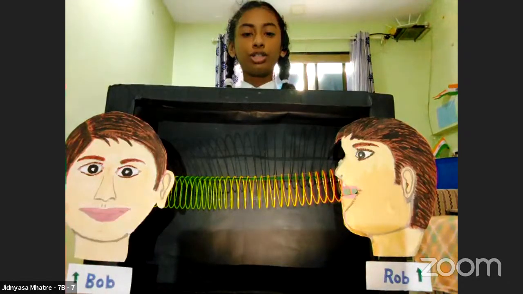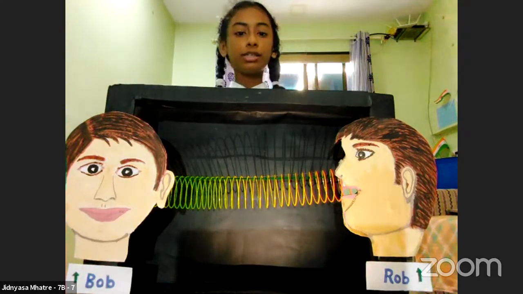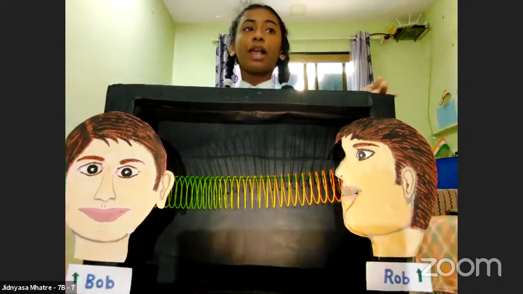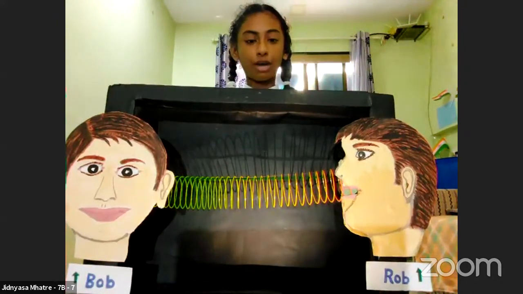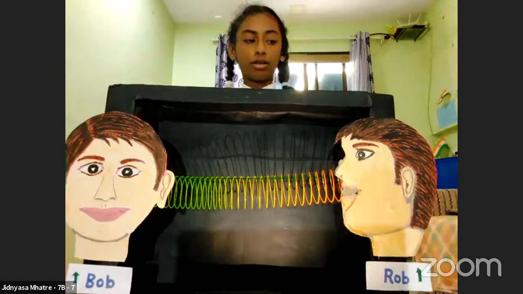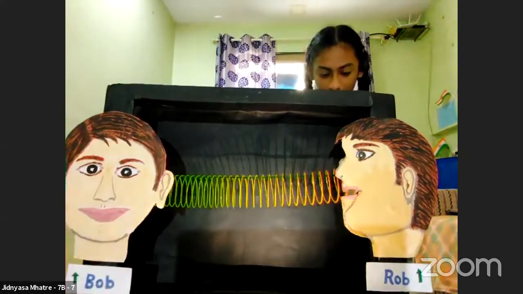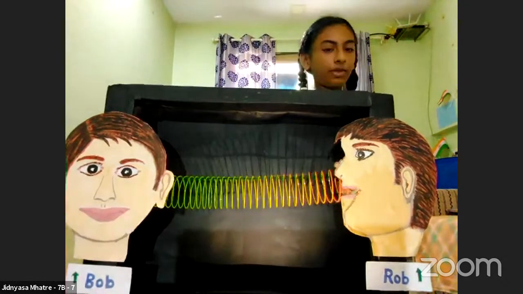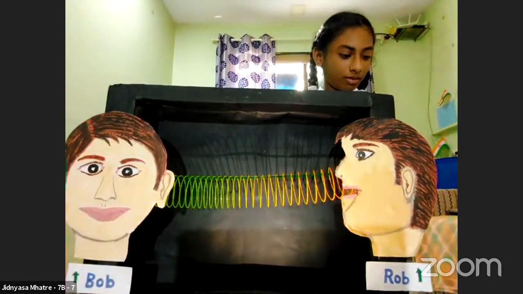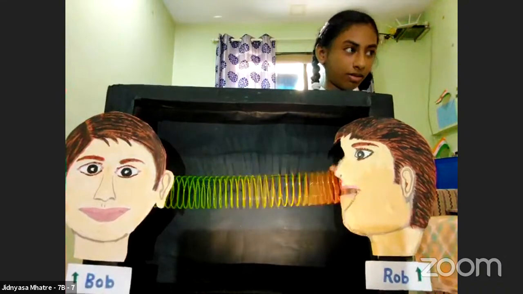show a longitudinal wave. This is Rob and this is Bob. Now we are going to understand the longitudinal wave by the string. Wow, Rob, this is a longitudinal wave.